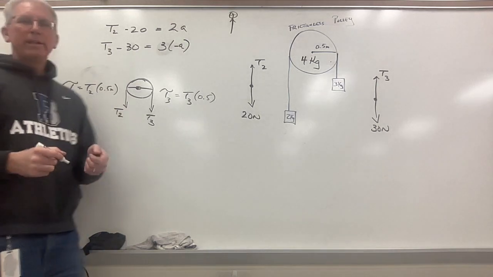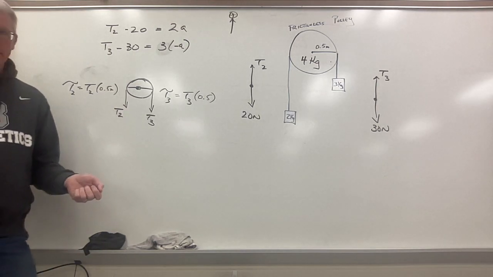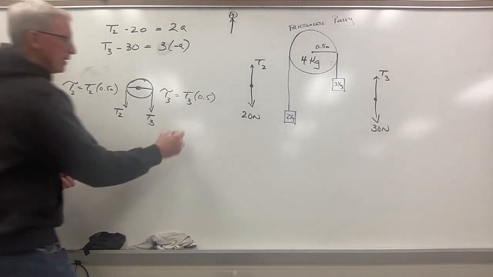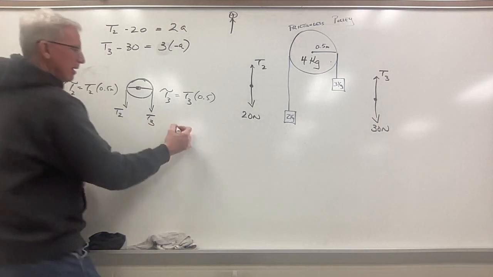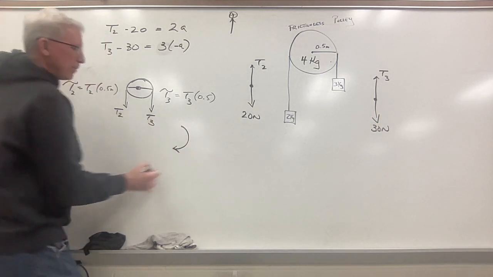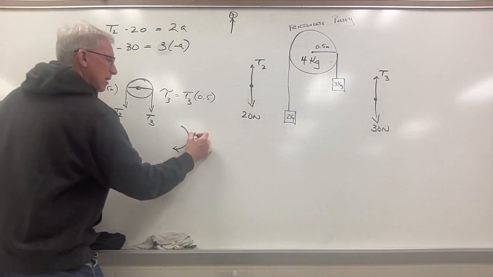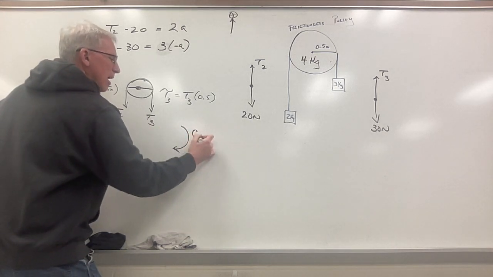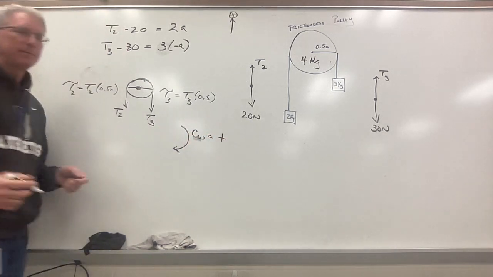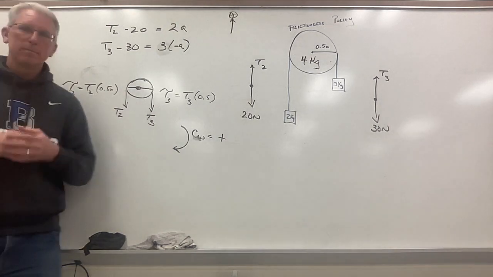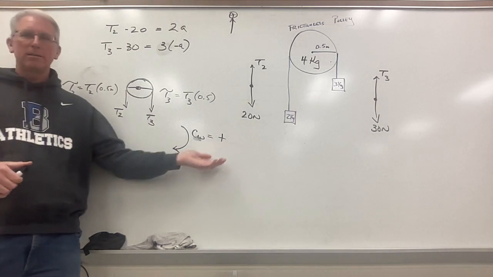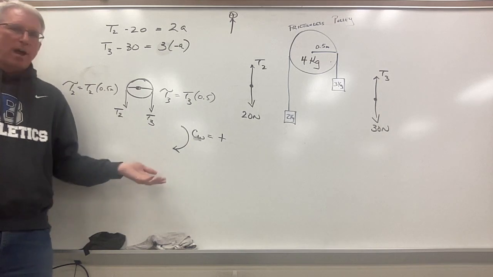And now we need a reference frame. The way that I solve these things is I'm going to assign some kind of rotation. So I'm going to say clockwise is positive. Again, I don't have to say that clockwise is positive. It's just how I'm going to solve it.